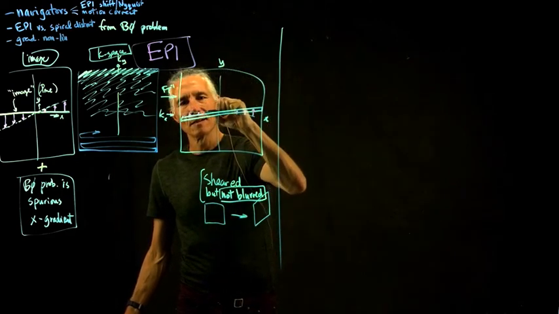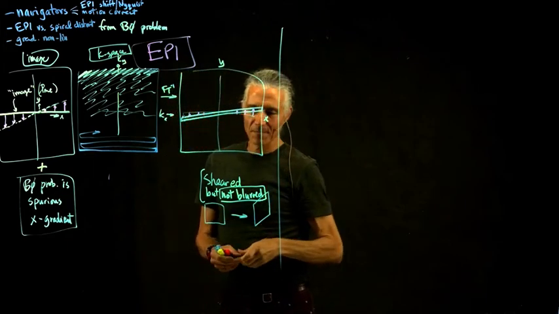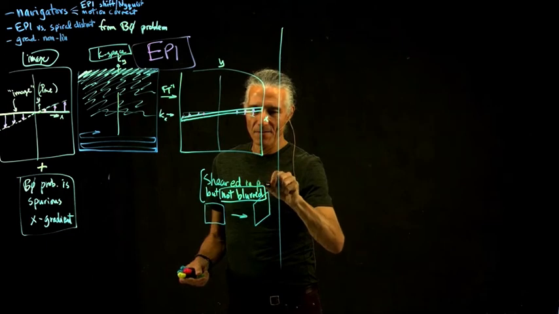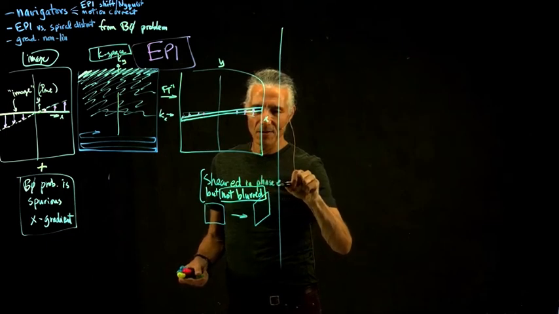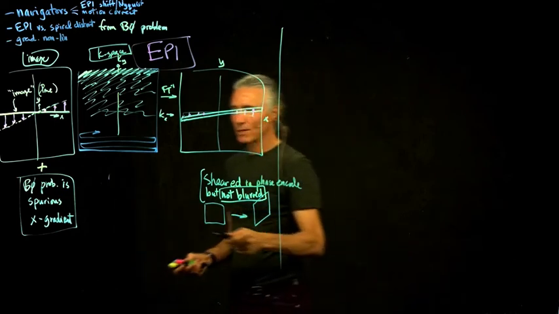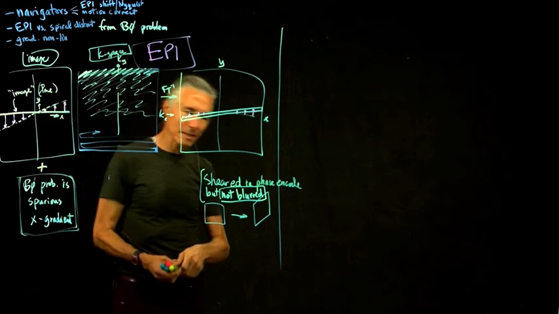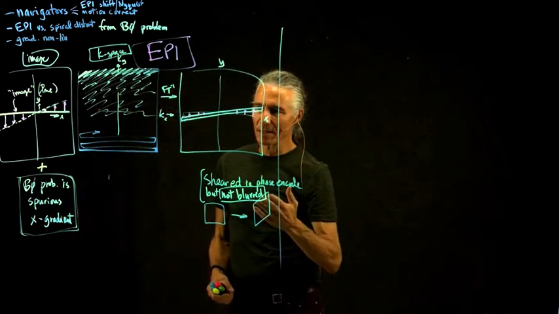So these are sheared in phase encode direction only, but not blurred as a result of this spurious gradient. And this is a very common kind of distortion you actually have in your images.